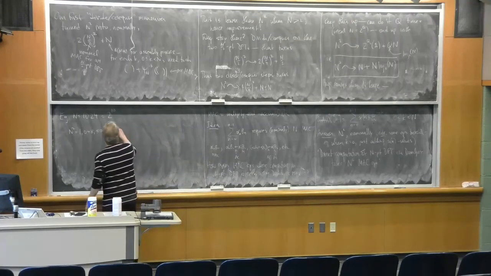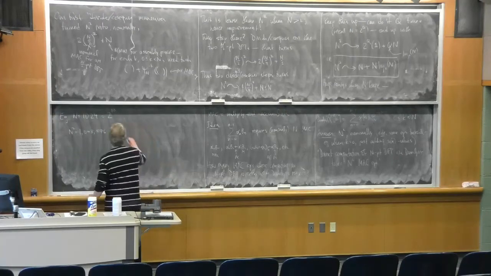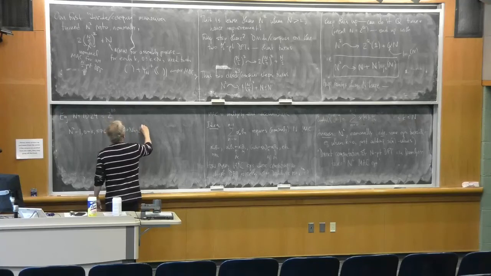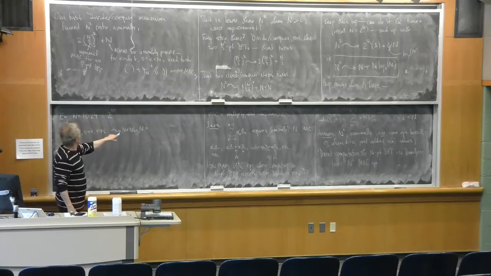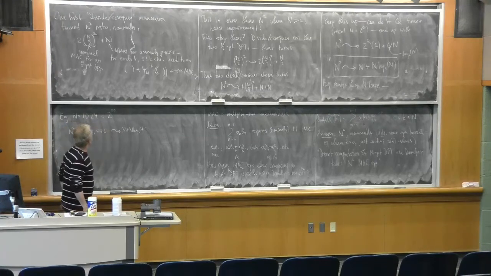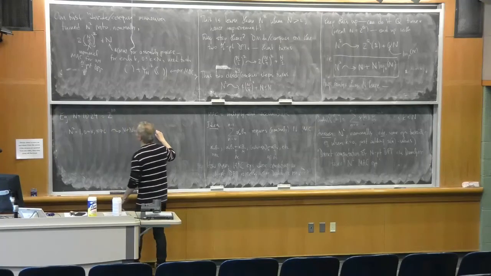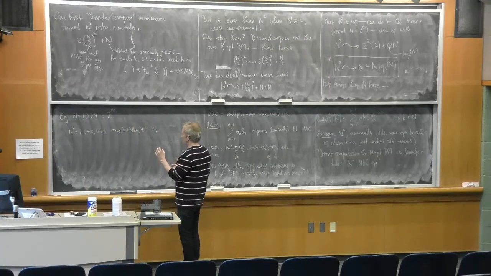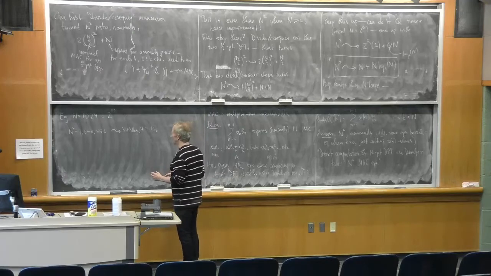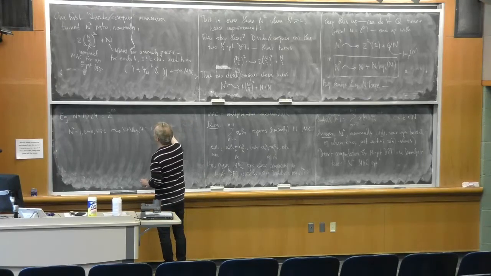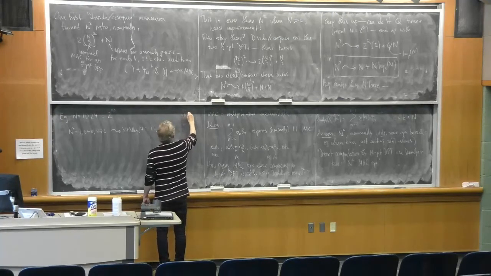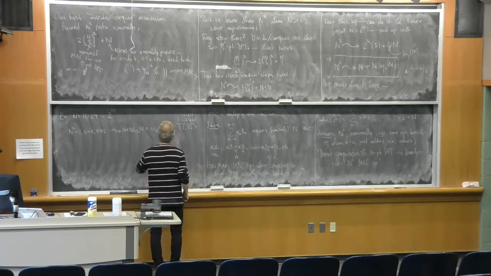Well, that's what n plus n log n is. n is 1024, n log base 2 of n is 10,240. So 1024 plus 10,240: 4, 6, 2, 11, 264.